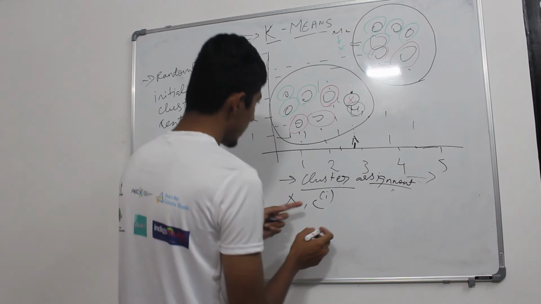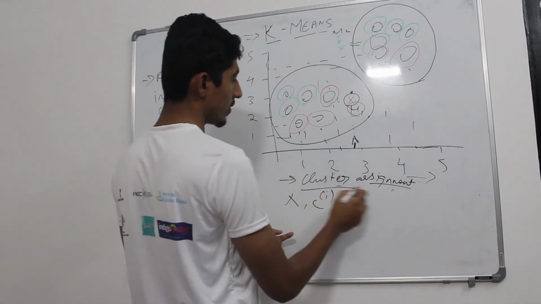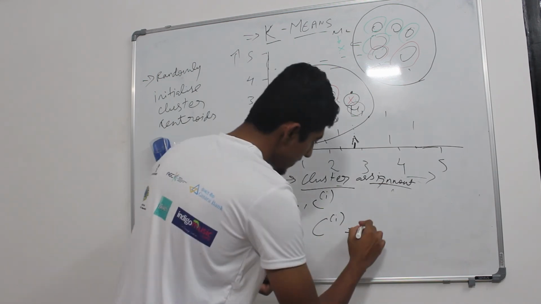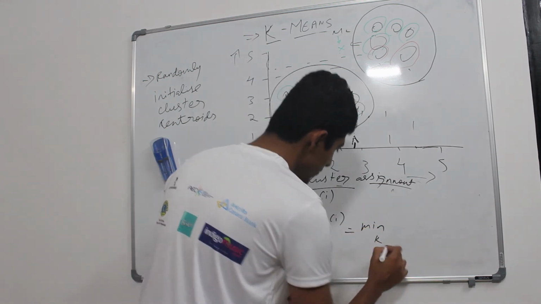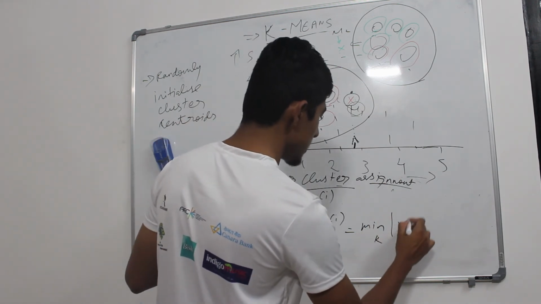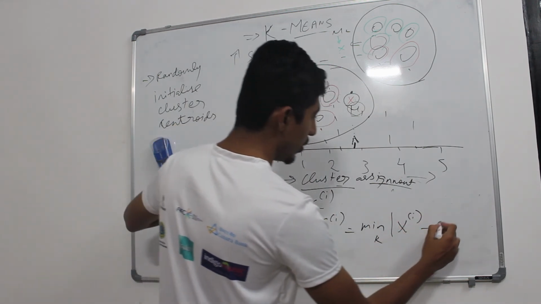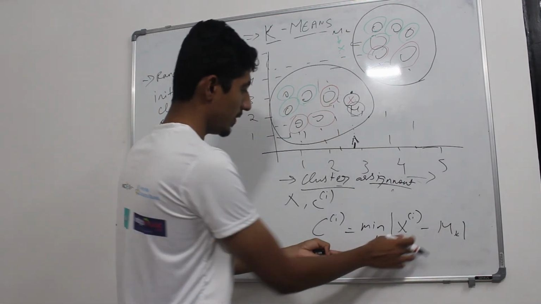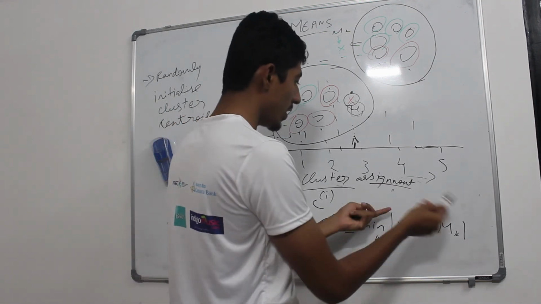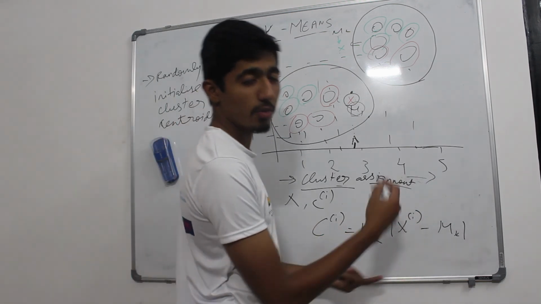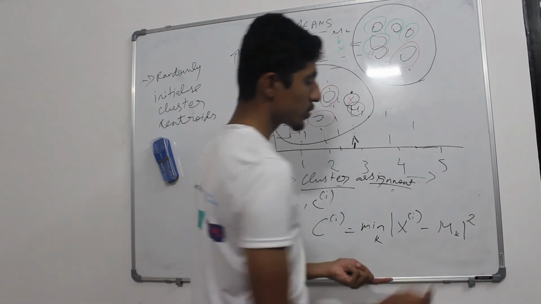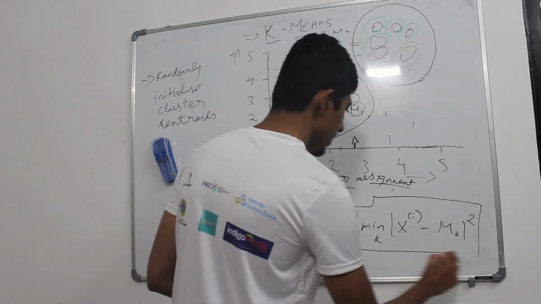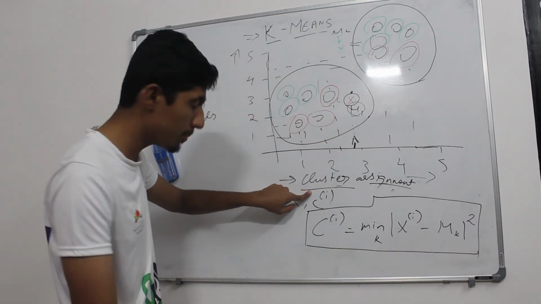So the actual math for the first step of K-means, the cluster assignment step, says c of i is minimized with respect to k of the distance between each point and its respective centroid. This formula actually works, but in machine learning, when we write minimization functions, it's common practice to square them. So this is the main math behind the cluster assignment step.